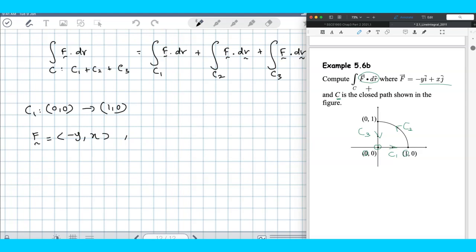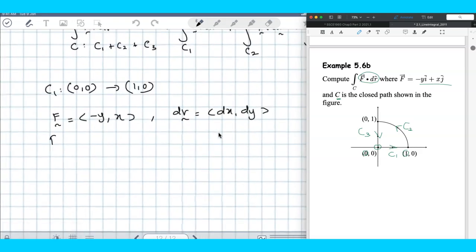The dr here is dx, dy. There should be a t, but the dt is gone, because dr over dt has a dt in it, but then the t is gone. So we can rewrite that as dr equal to dx, dy. When we have F dot dr, in general we have negative y dx plus x dy.